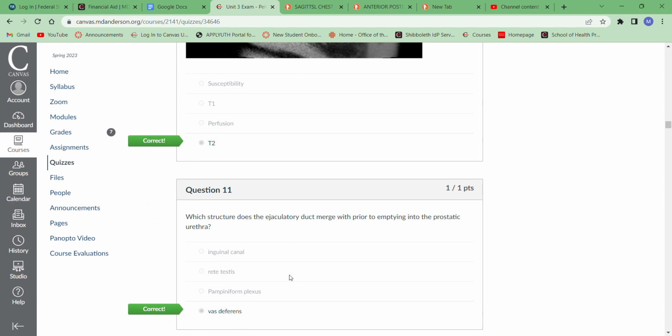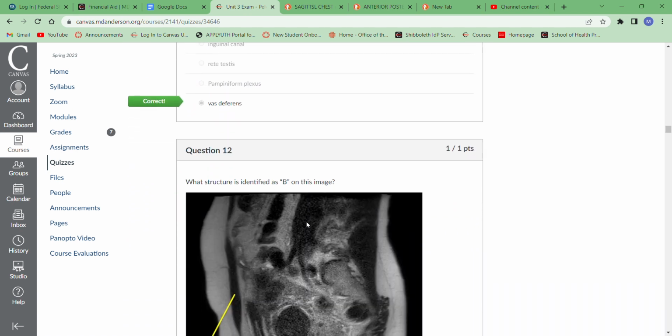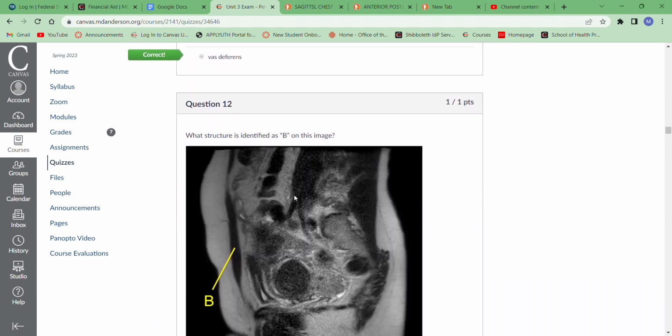Which structure does the ejaculatory duct merge with prior to emptying in the prostatic urethra? The vas deferens. Okay, sure. So the ejaculatory duct merges with the vas deferens and then empties into the prostatic urethra. What structure is B? That looks like a muscle in the front of the belly.